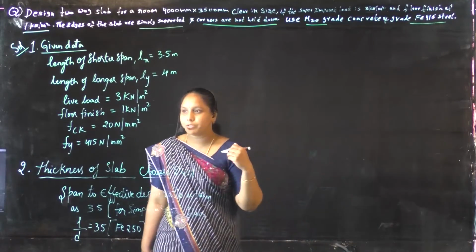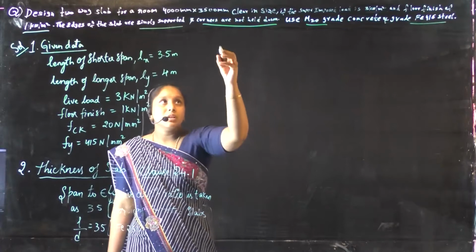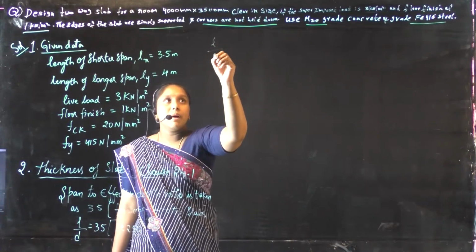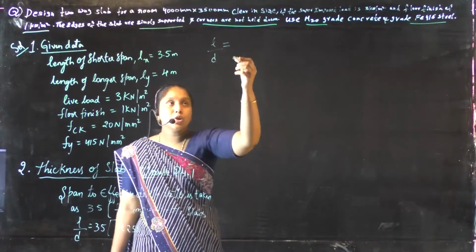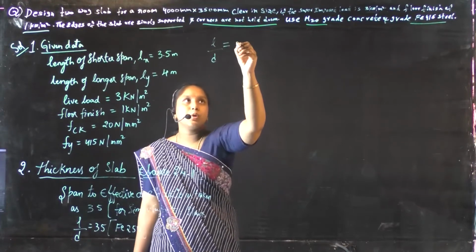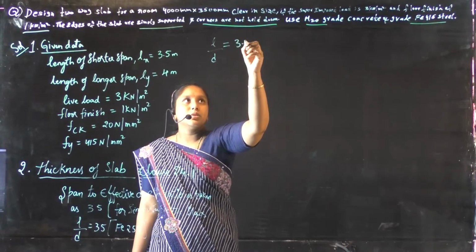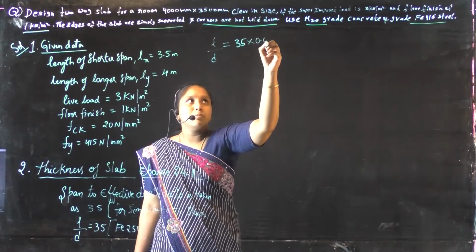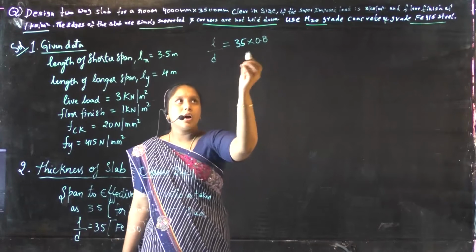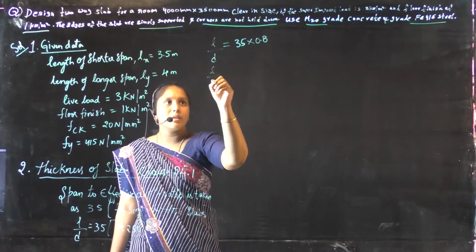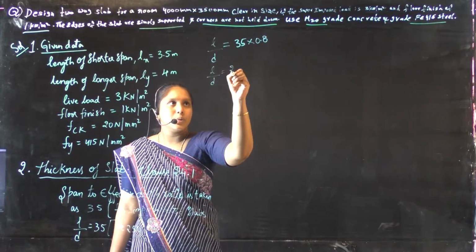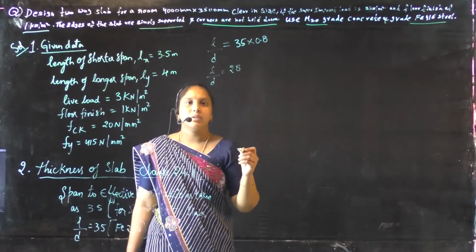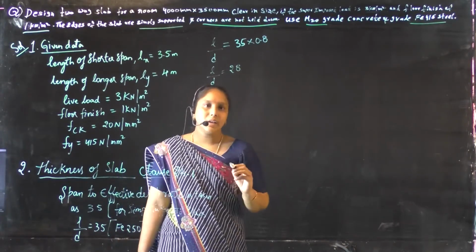So as the grade of steel is Fe 415, the L by D ratio should be multiplied with 0.8. So 35 into 0.8. How much is the L by D ratio? The L by D ratio will be 28.